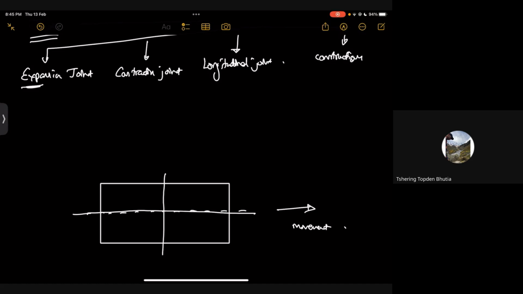In this particular topic, what we do is break the rigid pavement in a straight line. Break width very small, 6 to 8 millimeters, very negligible. So breaking along the width is called basically longitudinal joint.